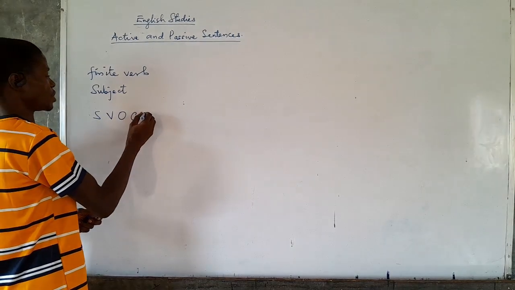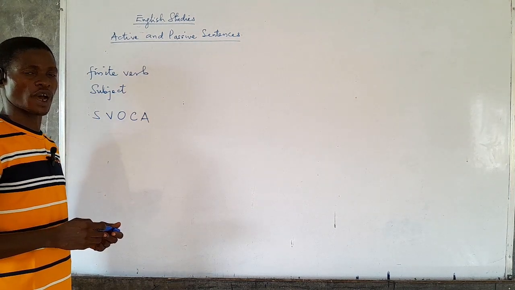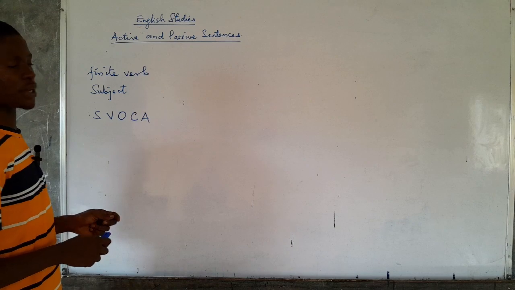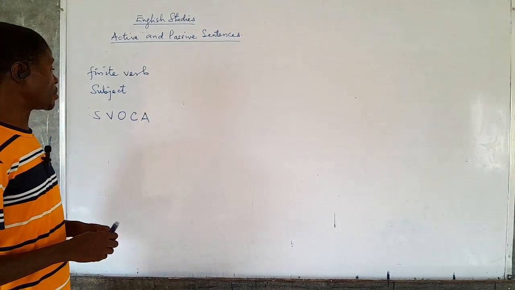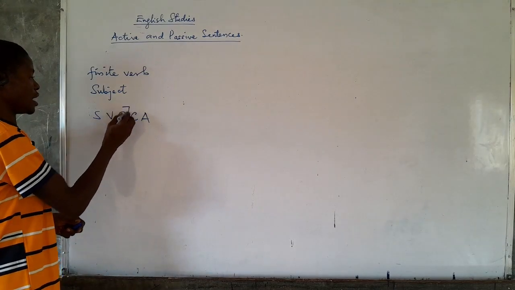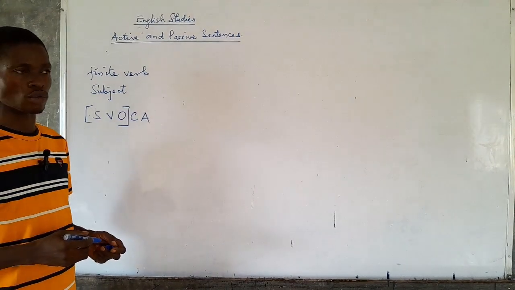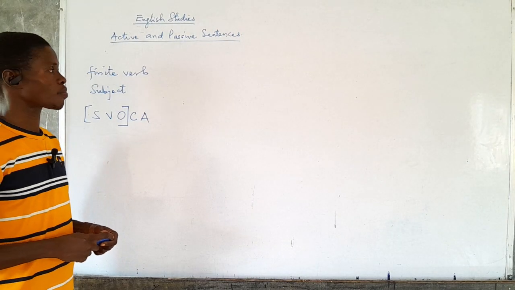At the same time, A, the adjunct, playing the roles of adverbials. So, under this aspect that we want to deal with today, we will examine these three elements: S, V, O, subject, verb, and object.